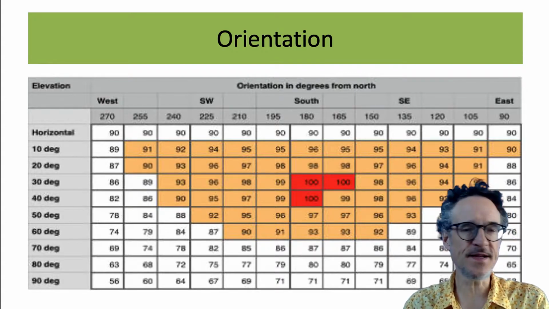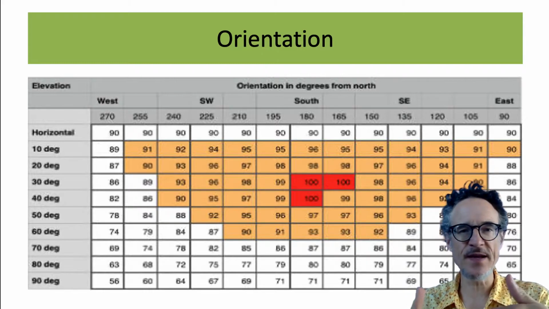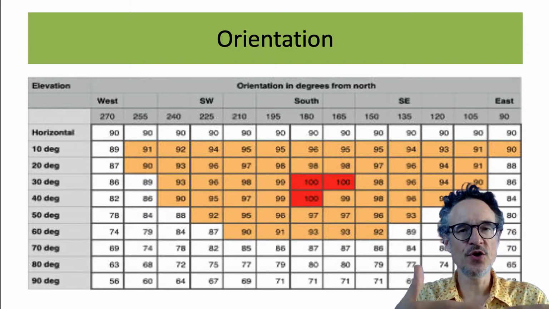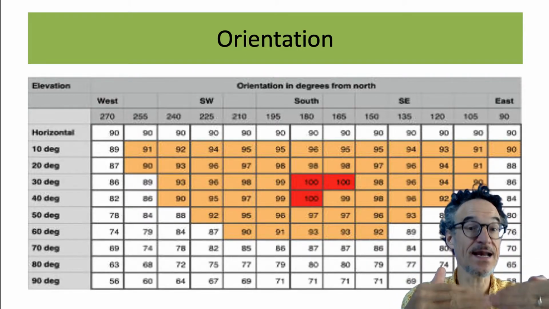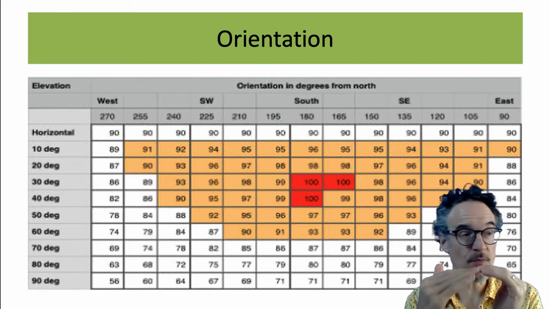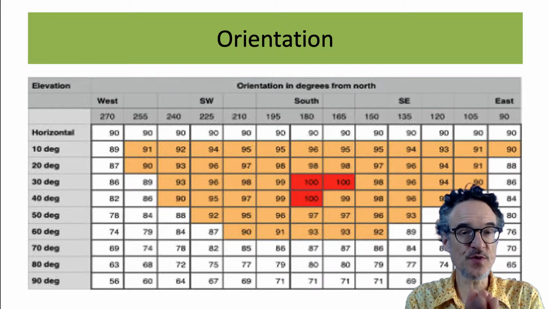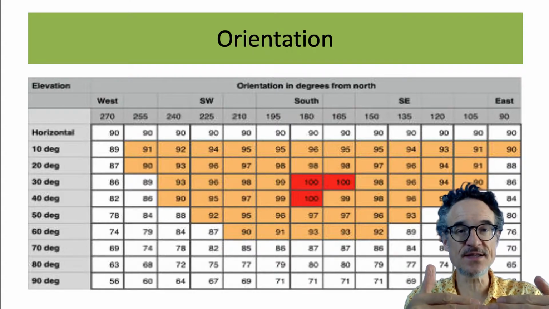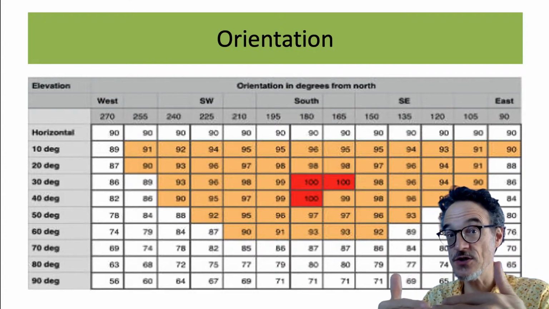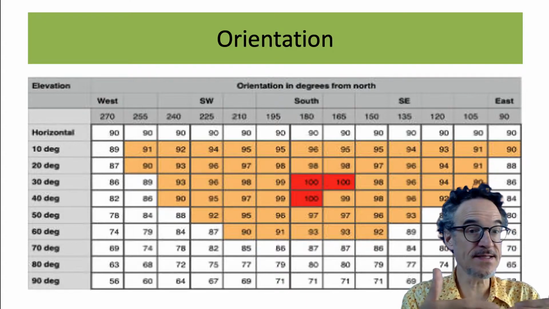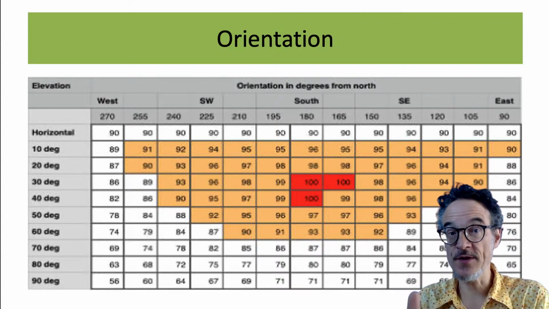Plus or minus 15 degrees doesn't make a big difference. So your house doesn't have to point exactly south. If you can choose between pointing a little bit east or a little bit west, a little bit east is better than a little bit west.